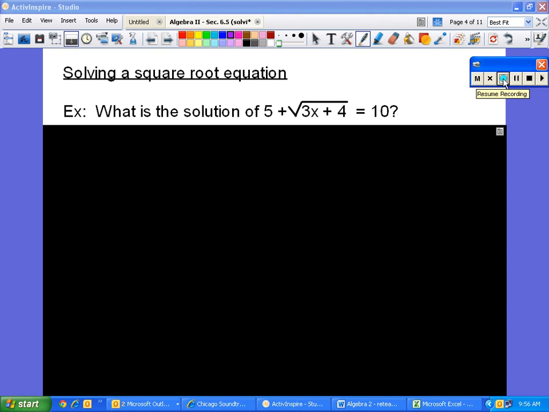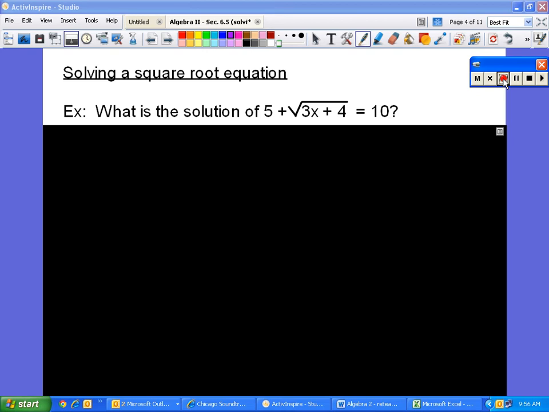When we solve an algebraic equation, what's our goal? To solve for x, correct. And how do we solve for x? What are we trying to do to that variable? Isolate it. Good. So that's what we're going to do here. This time, where's my variable?